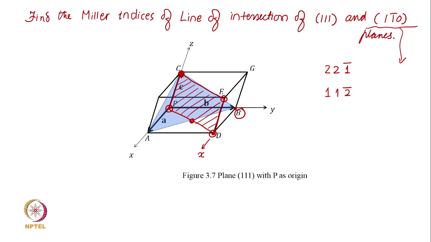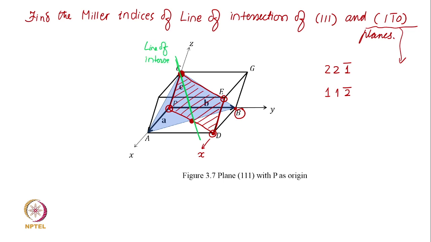So, that is also on the line of intersection, and 2 points are sufficient to define my line of intersection. So, I get my line of intersection as the line going from C to this. This becomes my line of intersection.